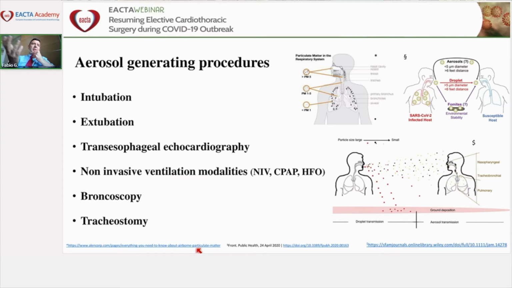So depending on the type of procedure and the setting where we perform those procedures, we should be very well aware that depending on the particles that are released during those procedures, so small or maybe bigger particles, we can have an increased risk coming from droplet rather than aerosol during these procedures.